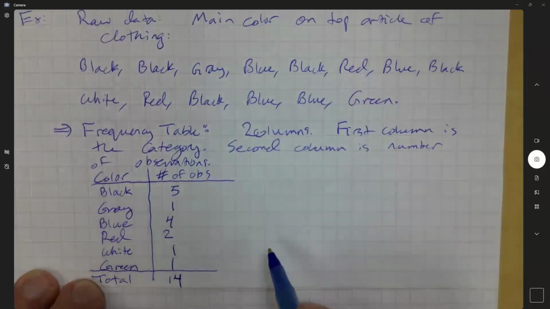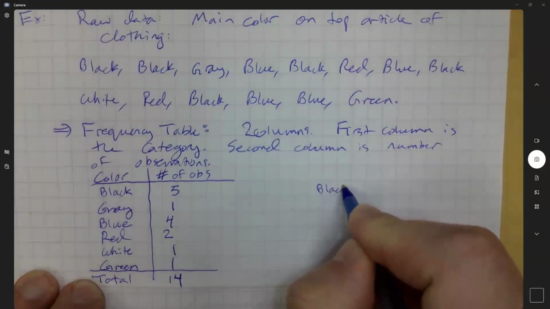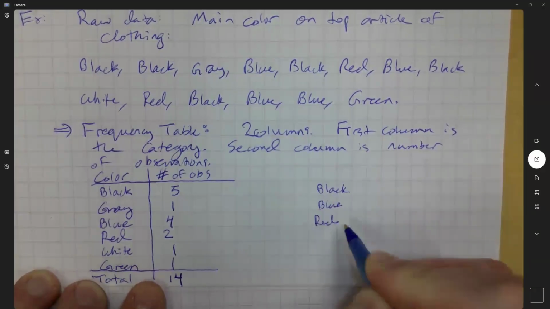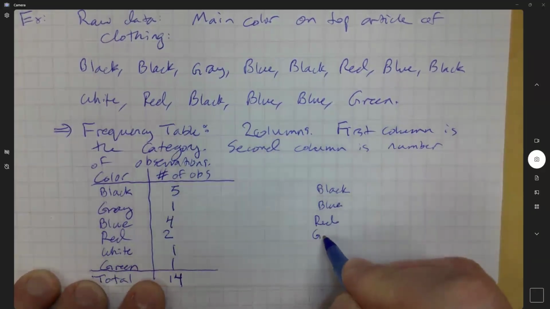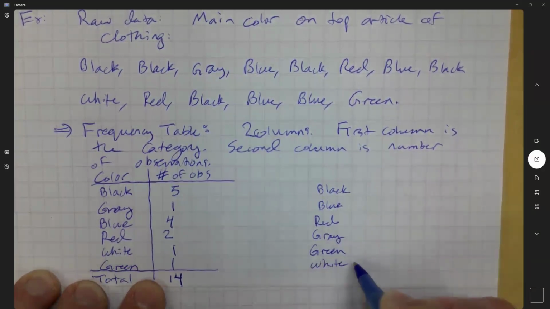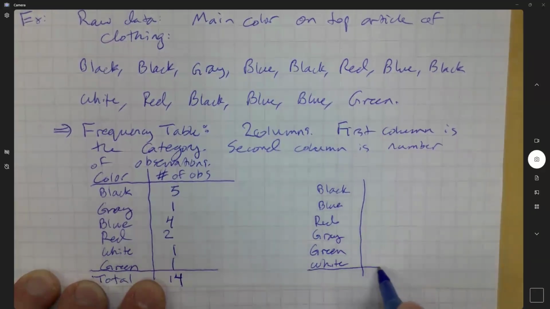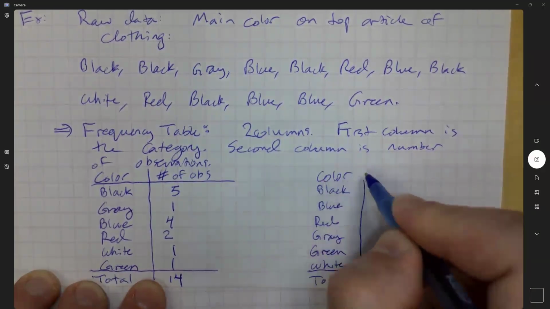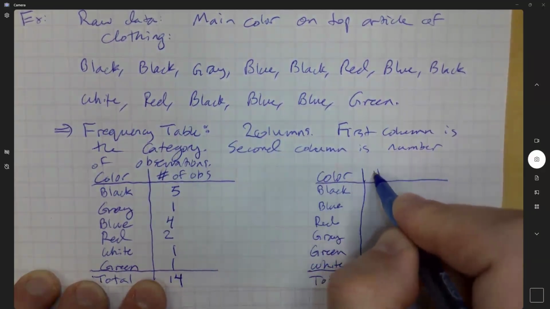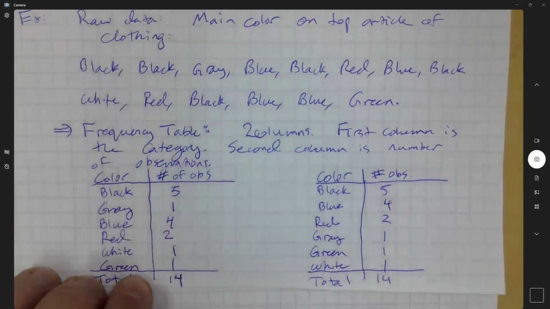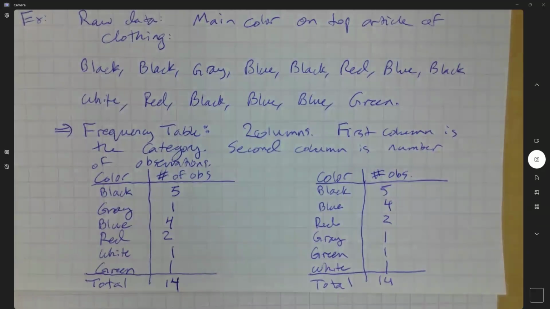So we would often sort this and have black, then blue, then red, then I'll do gray because gray comes before green alphabetically, and white. And then the total at the bottom. And that can speed up understanding even more. But the only difference is we sorted based on the number of observations. It's the same table. And that's how you make a frequency table.